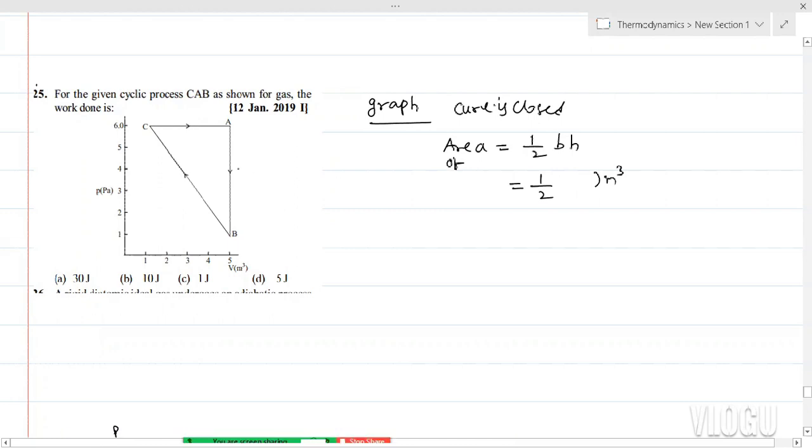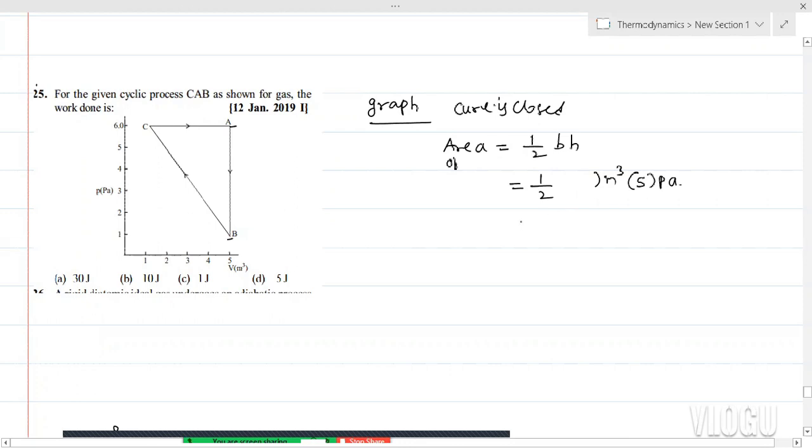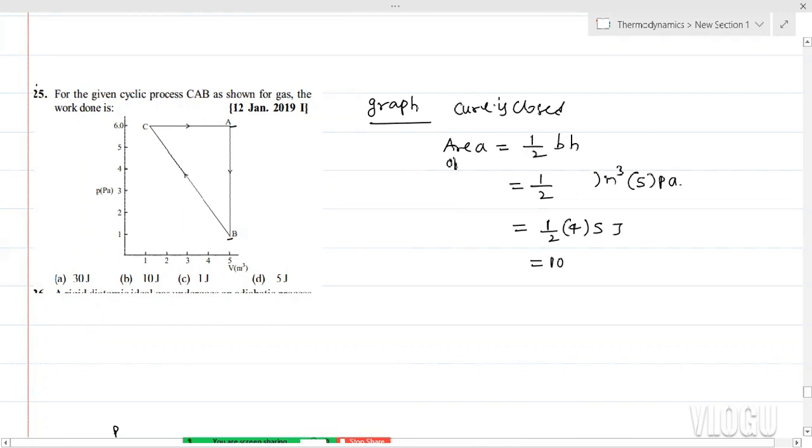This is height, the difference between 6 and 1, that is 5 pascals. Pascal is already an SI unit, so there is no need of conversion here. Half into 4 into 5 joules, that is equivalent to 10 joules.